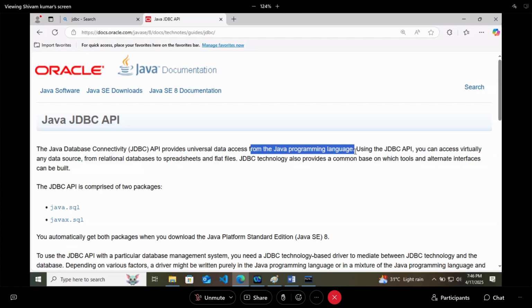Means you can write the code in Java and access the data. But what is the requirement of writing the code in Java? Now it is our mother tongue, right? So that's why JDBC is an API.